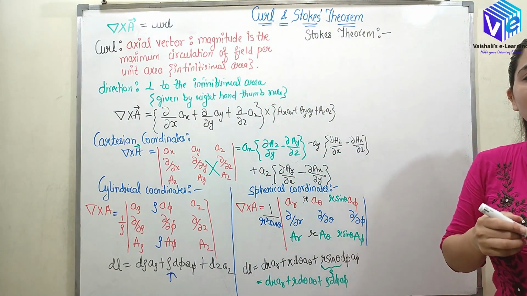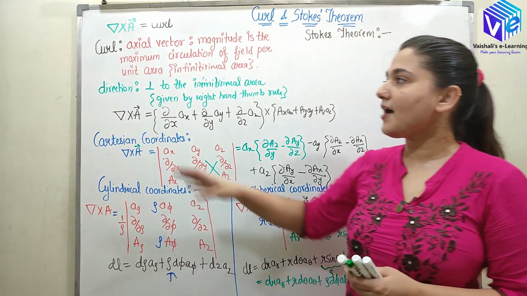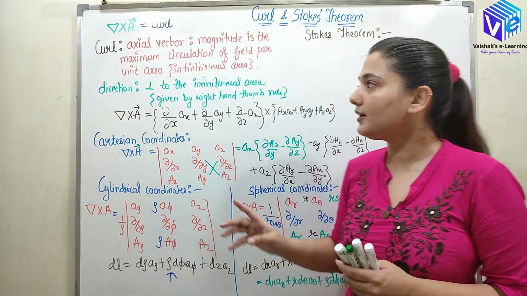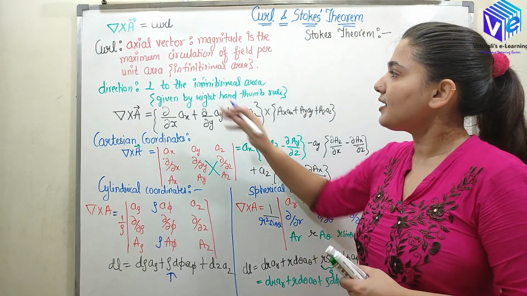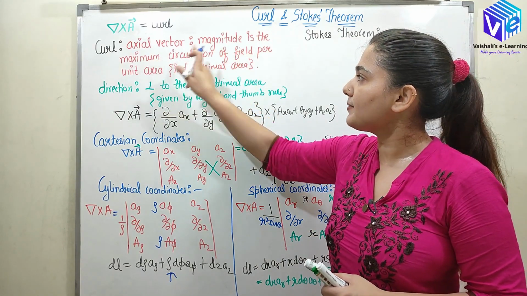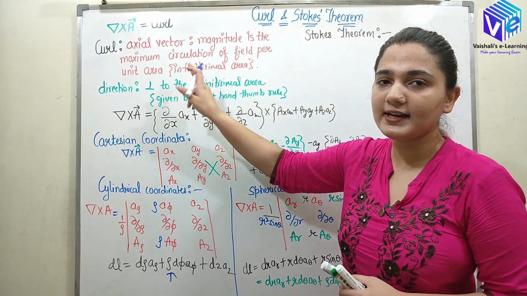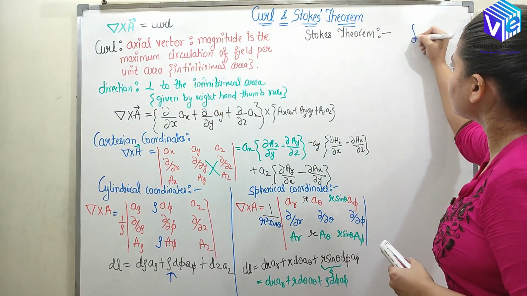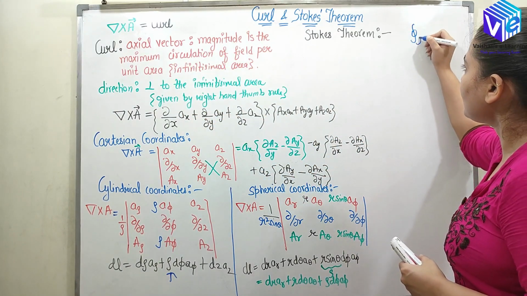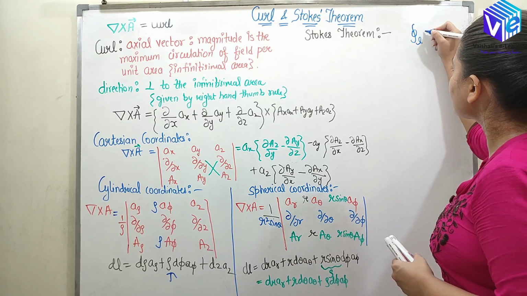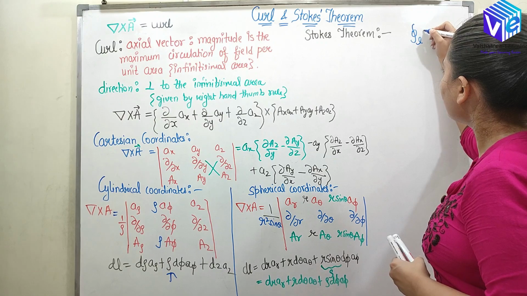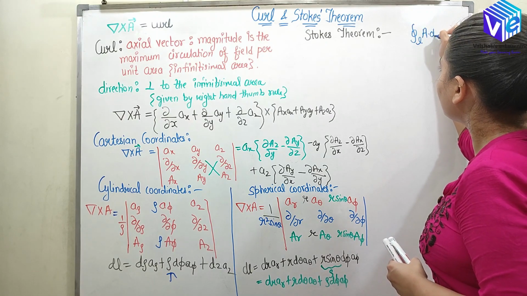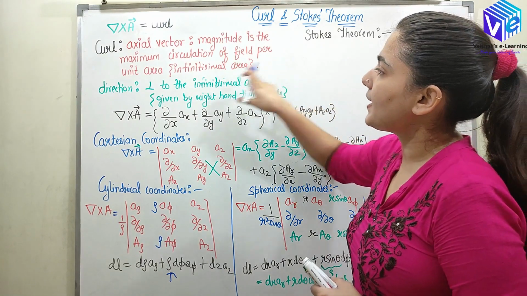So now with the help of Stokes theorem, I will be having a detailed analysis about the curl. From the definition, what was the curl? Curl was the magnitude of the maximum circulation of field per unit area. So for the maximum circulation of field, I am taking the closed length L, and now here I have A dot dl, the field per unit area.